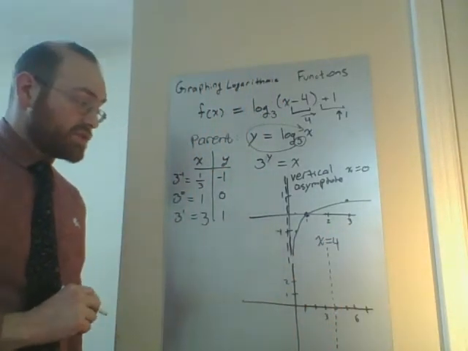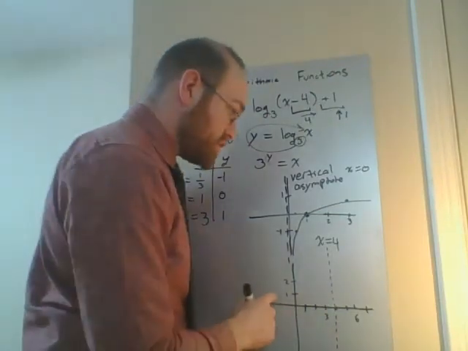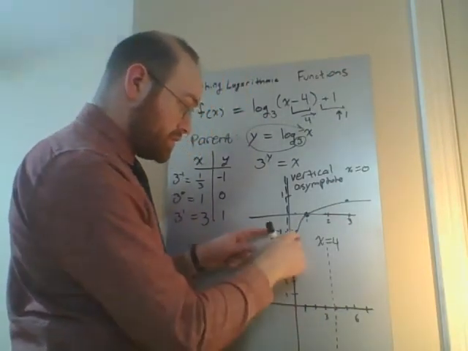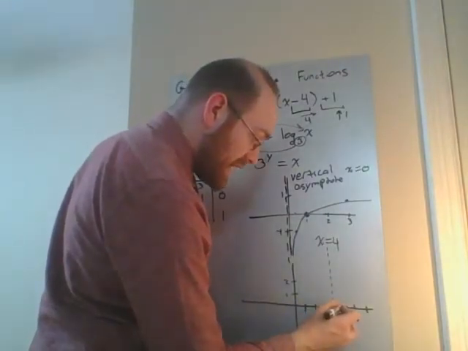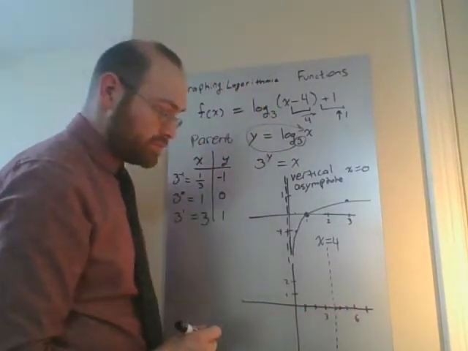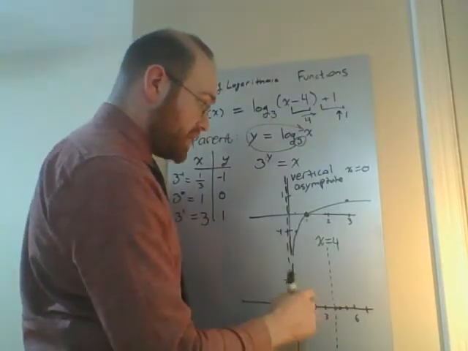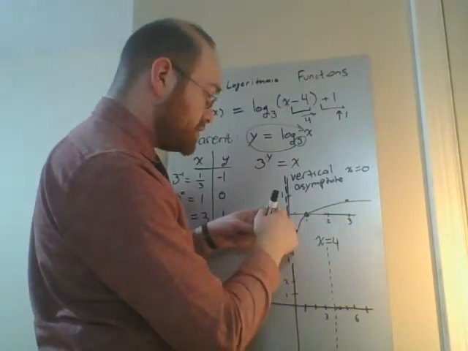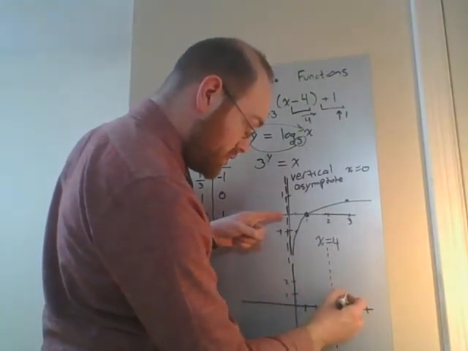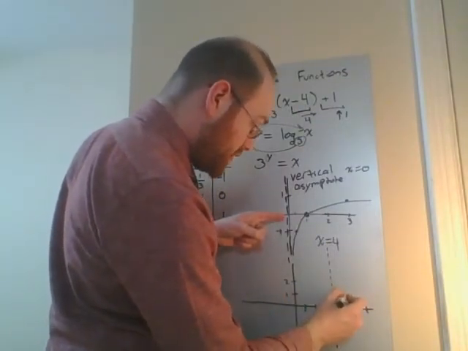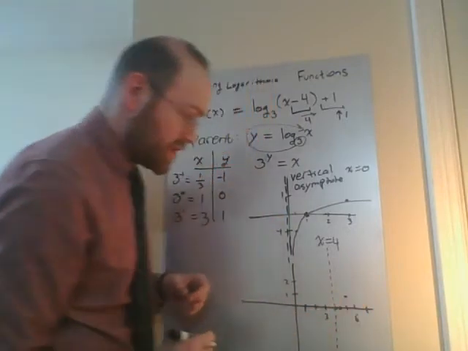And now that I have the vertical asymptote, I can draw the first point. Negative 1 comes up to 0, and that's just slightly past 4 at 1/3. And then I go up 1 and over 1. So up 1 to 1, and then over to 1. So here we go.